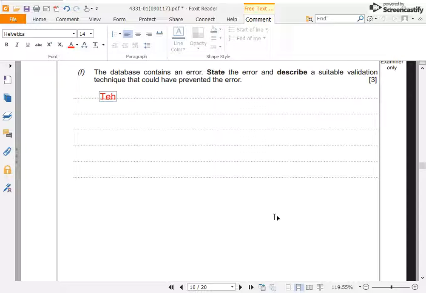So we need to say the year group for Sakina Khan is incorrect. There is no 99 year group.